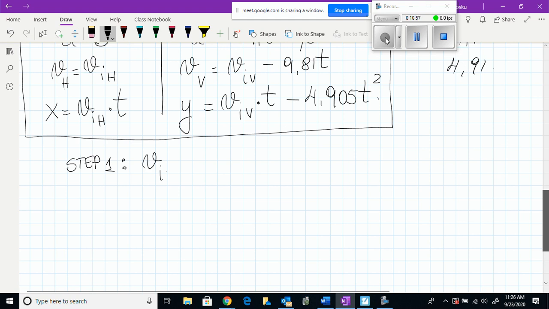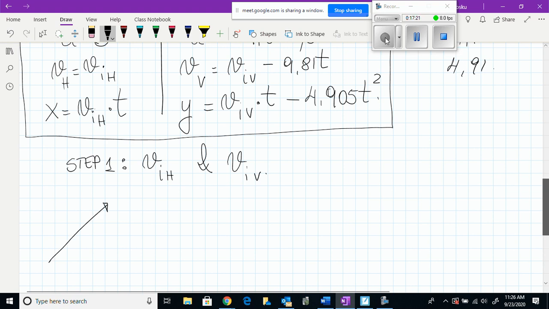So find v_ih and v_iv. How do we find them? We know the vector, the angle, and the magnitude, so we construct the right angle triangle that includes the given angle, and we find the components.